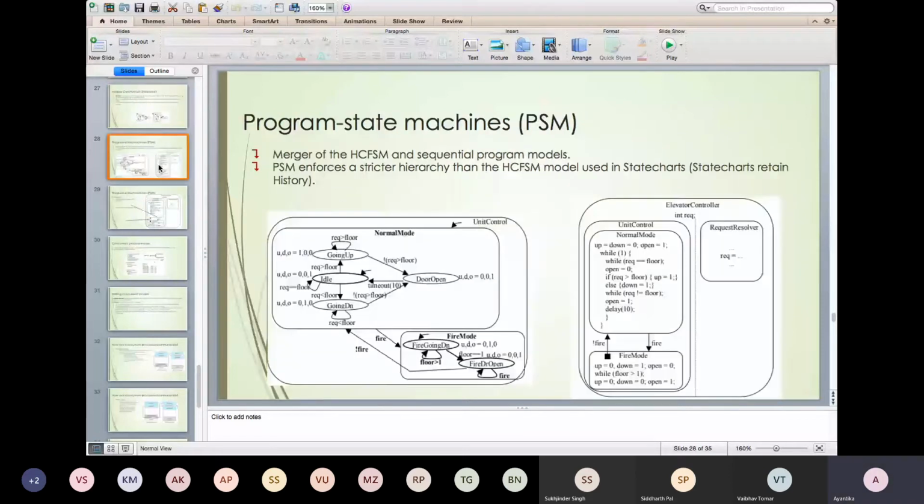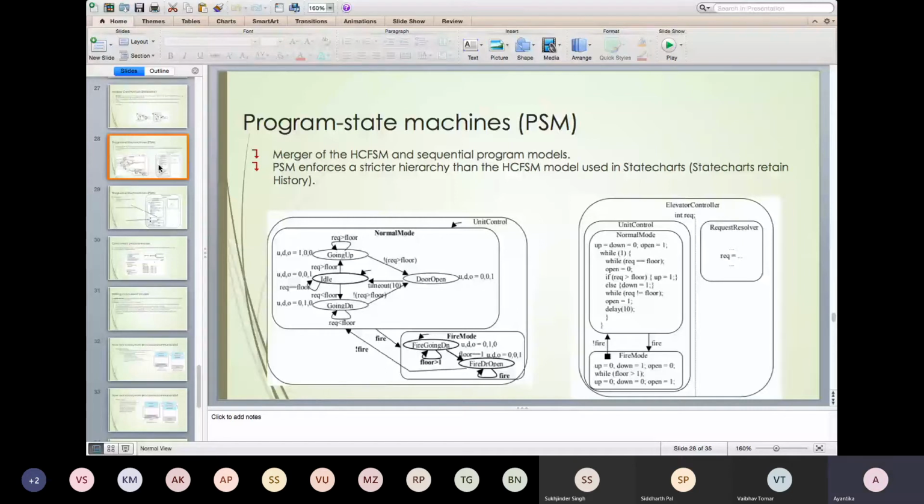Now you know what we mean by hierarchy and concurrency and how this extension in FSM helps us. Then we map them with a sequential program model, and this merging is technically termed the program state machine, PSM. Concept-wise, it is similar, nothing new.